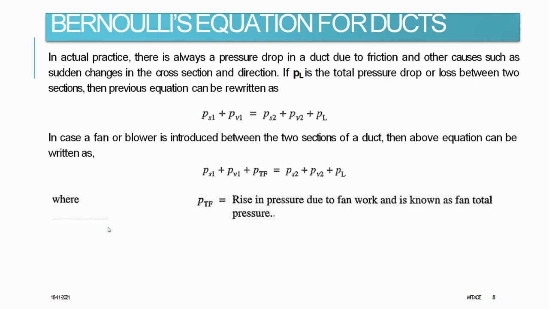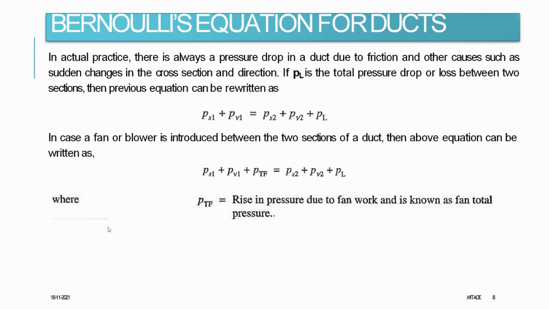Here PL is the total pressure loss between the cross sections. Due to some constraint or friction or other things, there is always a pressure drop between two sections, so that pressure drop we should add into our equation to get a proper result.